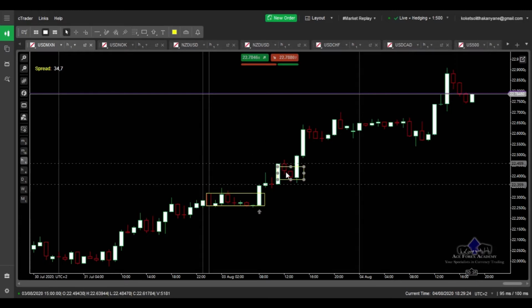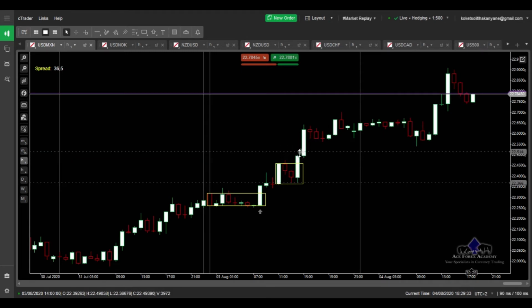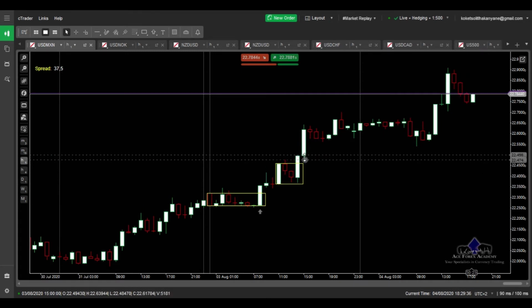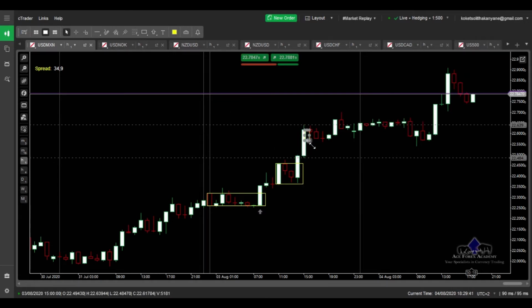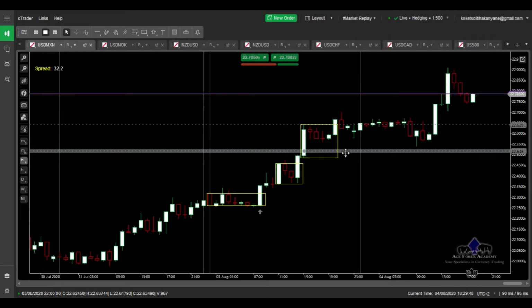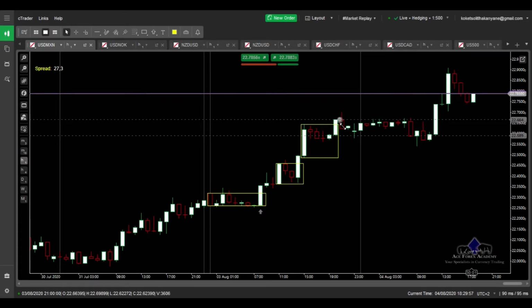From there the bullish momentum took a pause, with price moving sideways and giving us a chance to enter before it continued to the upside, giving us higher lows and higher highs. Then we had another brief moment of consolidation before price continued to the upside, giving us our last burst of consolidation.